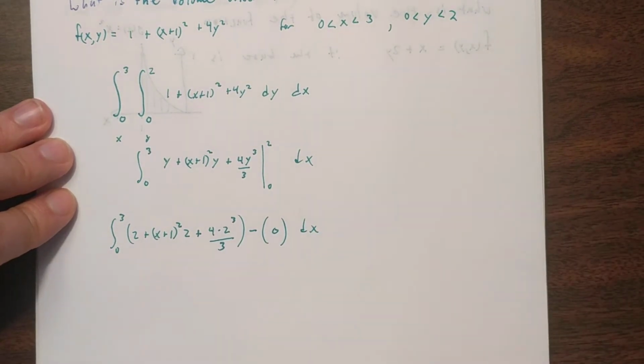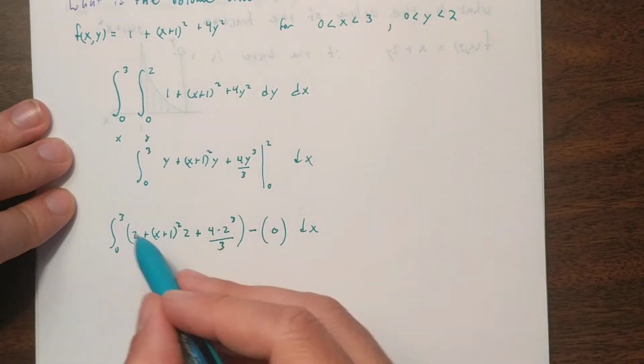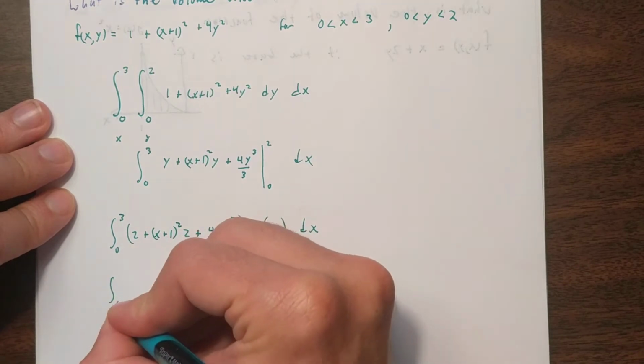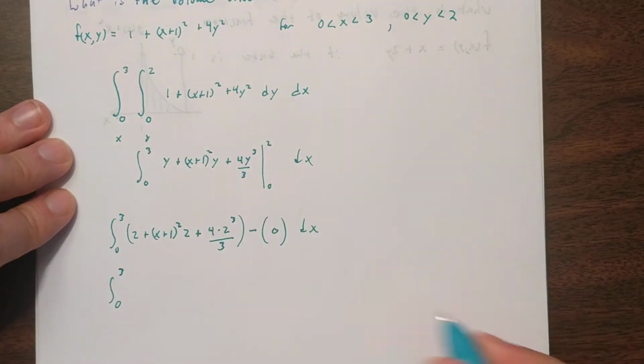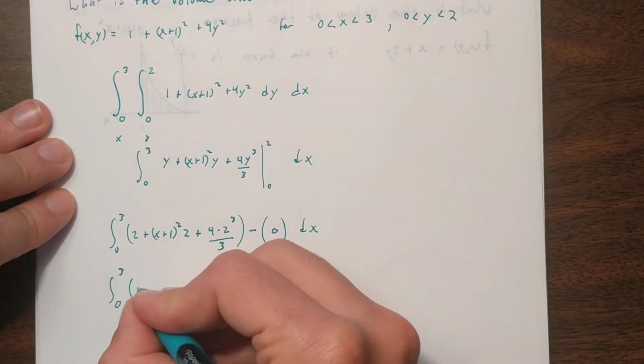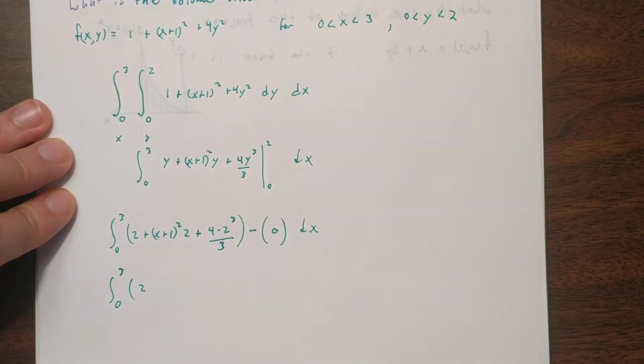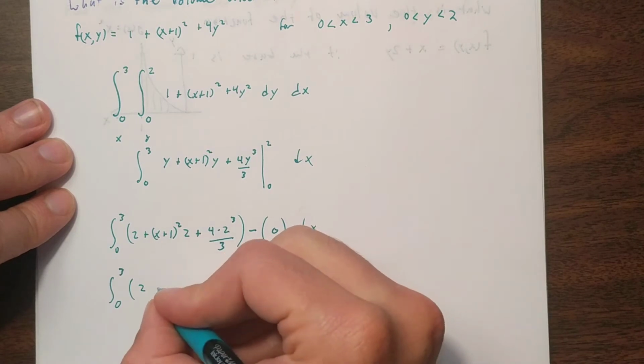dx. So that's easy. Okay, let's clean this up a little bit so that we have an easier time when we integrate with respect to x. This is still going to be 2. This is going to be, well, if you want to multiply this out, you can, but might as well not.